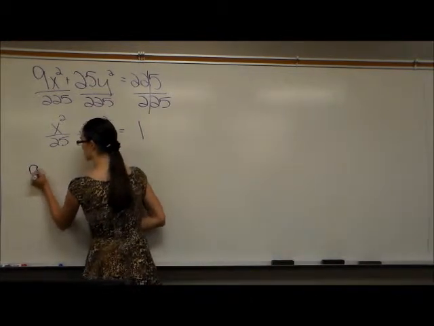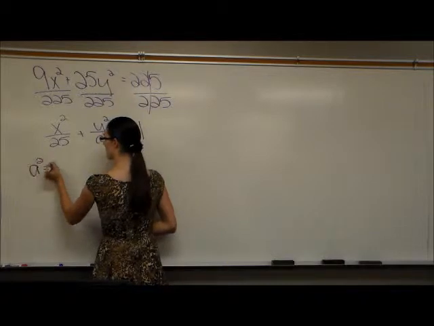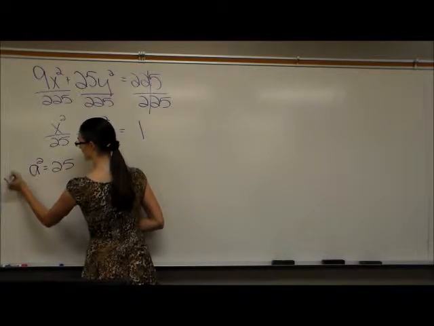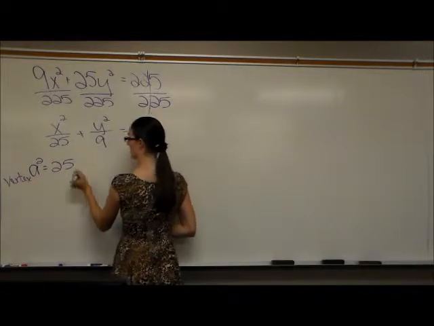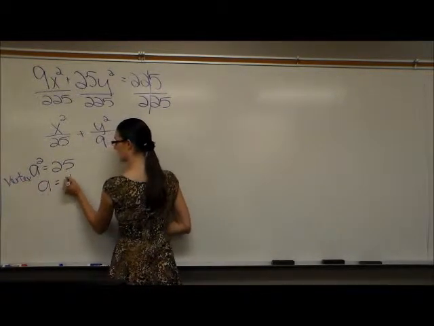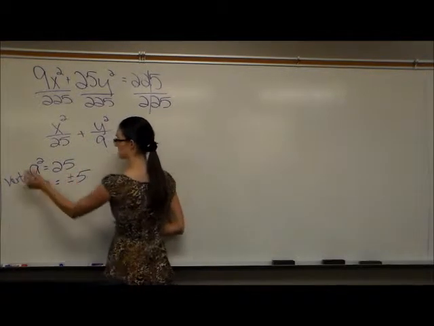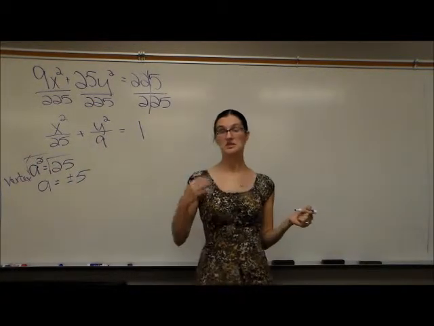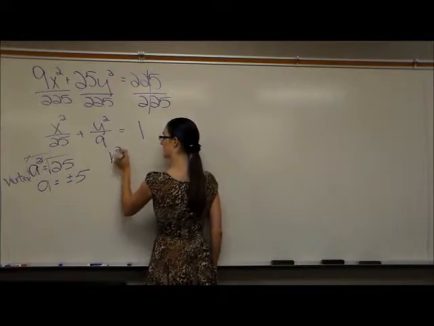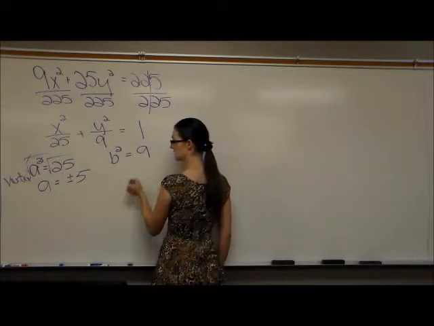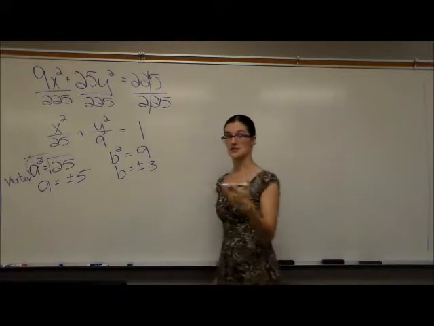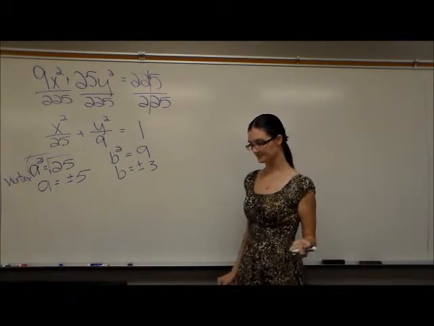So you can tell just from the equation, a squared is 25, and that's your vertex, which means that a is plus or minus 5, because you're going to square root both sides. Anytime you make a square root symbol appear, plus or minus appears. b squared equals 9, so b equals plus or minus 3. Again, take the square root of both sides.